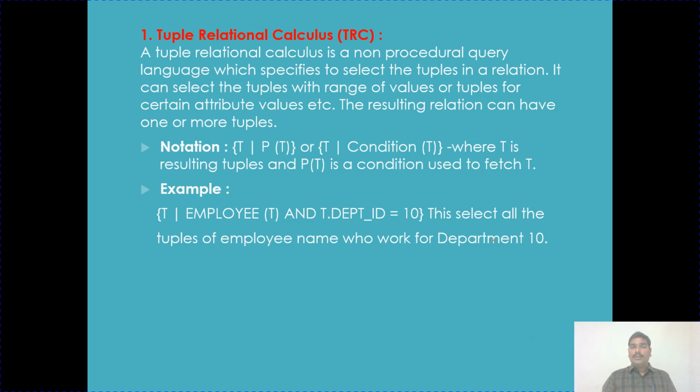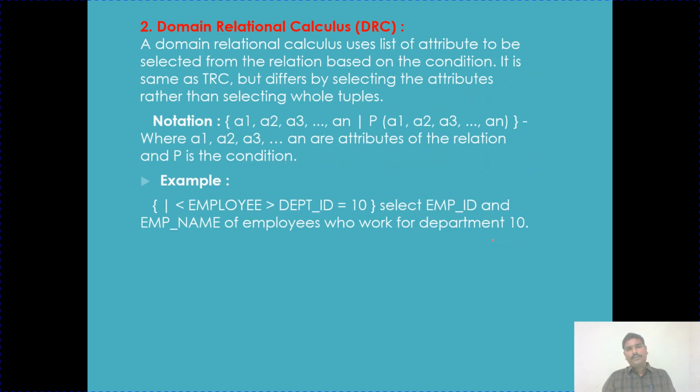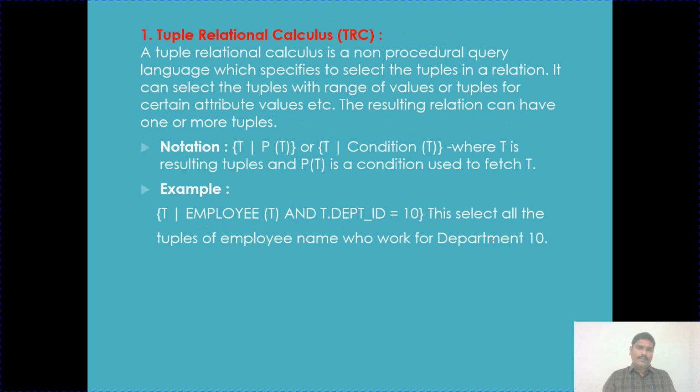Here there are two calculi you have to discuss. One is tuple relational calculus, another one is domain relational calculus. First, tuple relational calculus. What is the tuple relational calculus? Already I said, it is a non-procedural query language which specifies to select the tuples in a relation. Relation is nothing but a table.